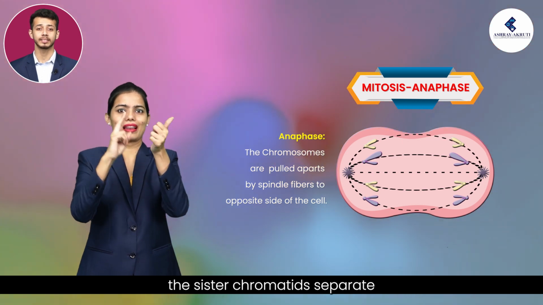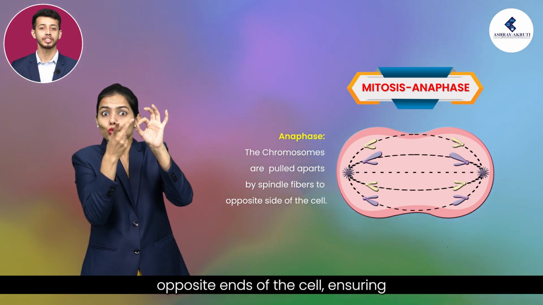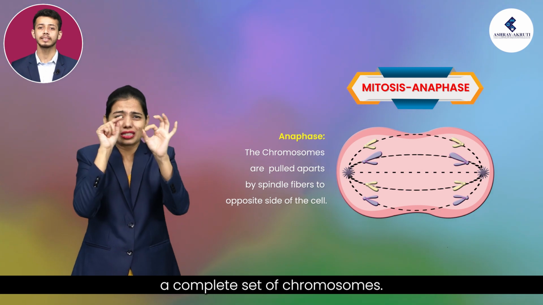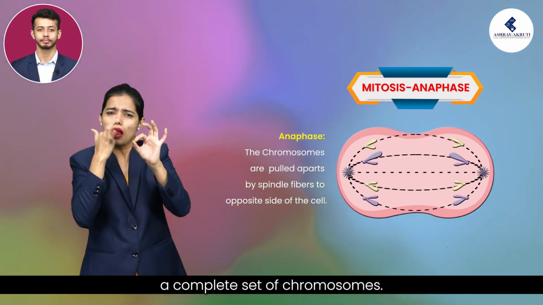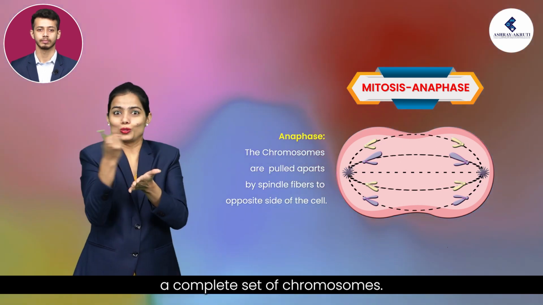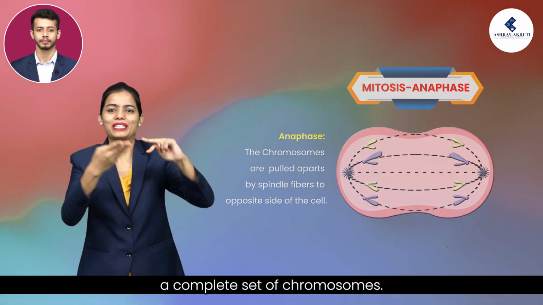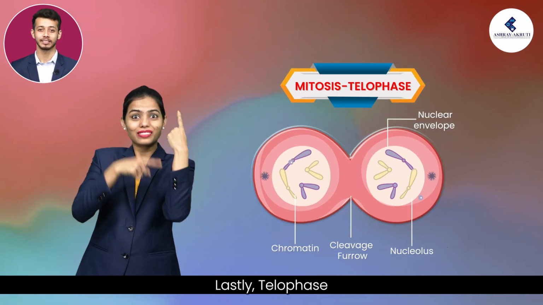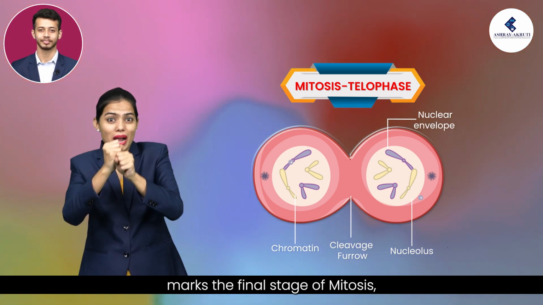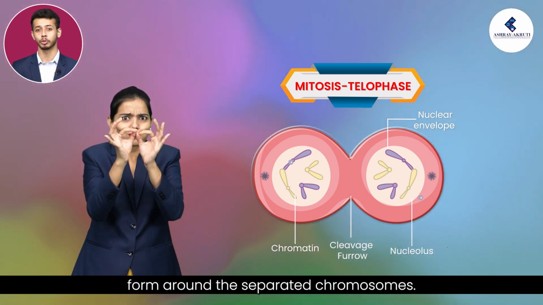The sister chromatids separate and move towards opposite ends of the cell, ensuring each daughter cell receives a complete set of chromosomes. Lastly, telophase marks the final stage of mitosis, where two nuclei form around the separated chromosomes.